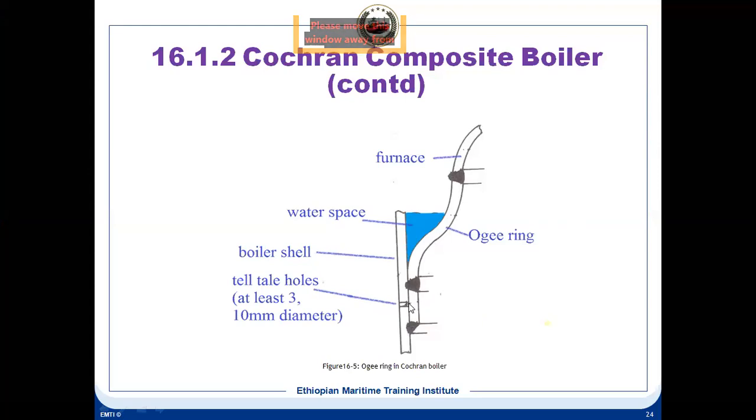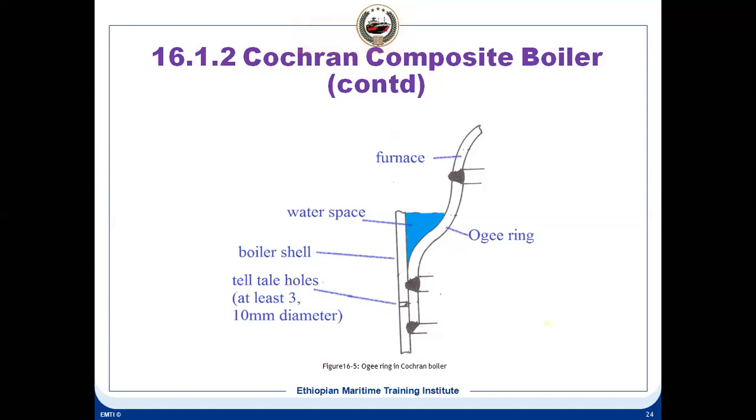The side shell of the boiler here has holes drilled all around the side of the shell, holes at least 3 millimeter in diameter in between these two welds, so that in case any of the welds fail, you'll have some water coming out from here, or if the bottom weld fails, then we have some furnace gases coming out. So you know which weld has failed. So you have these telltale holes all around the OG ring, all around the side of the boiler.